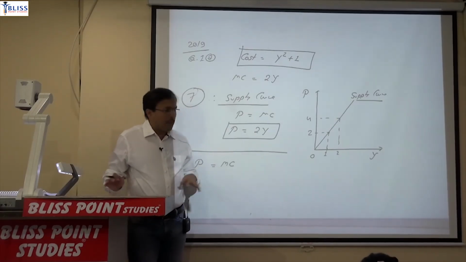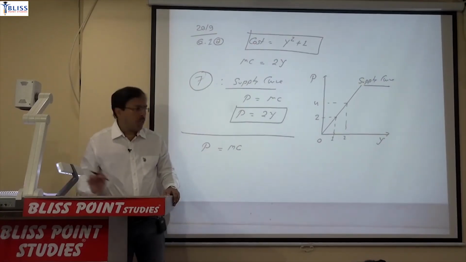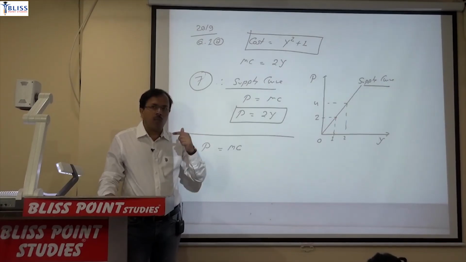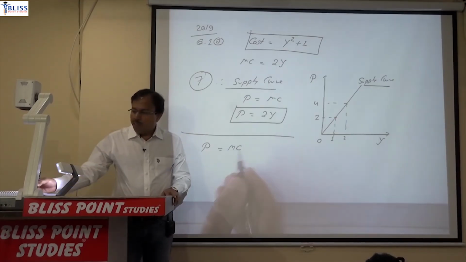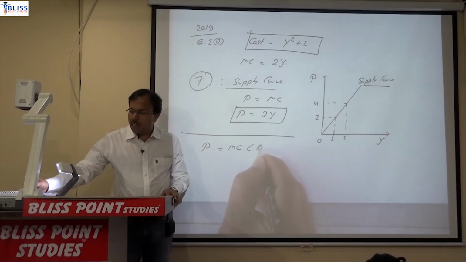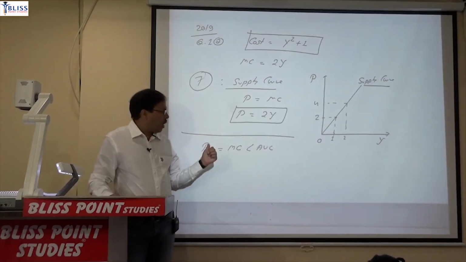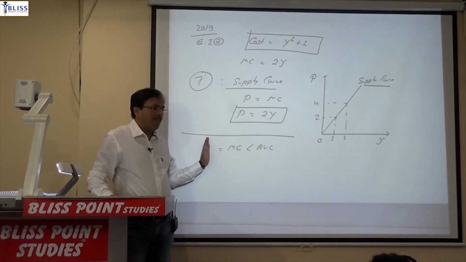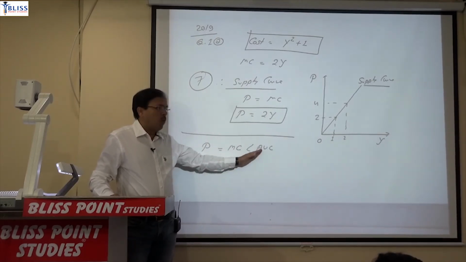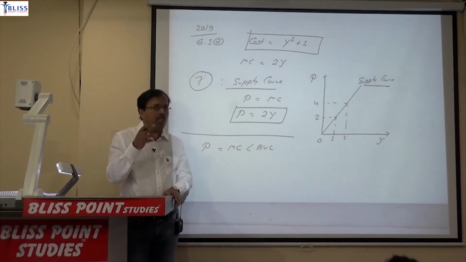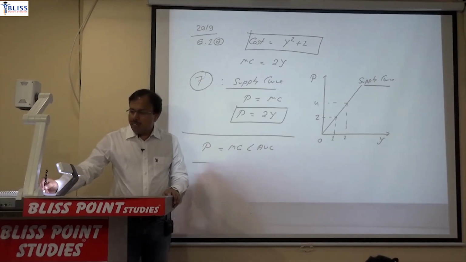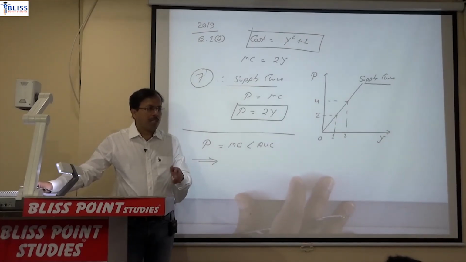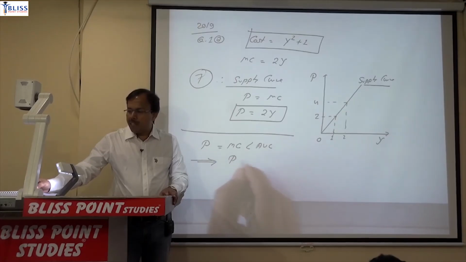Remember, when you say that the supply curve of the firm is the marginal cost curve, it means you are equating price with MC. And why do we not take the part below the average variable cost? If MC is less than AVC and you equate price with MC to determine output, P equals MC but MC is lower than AVC, then it will imply that price will be less than AVC.